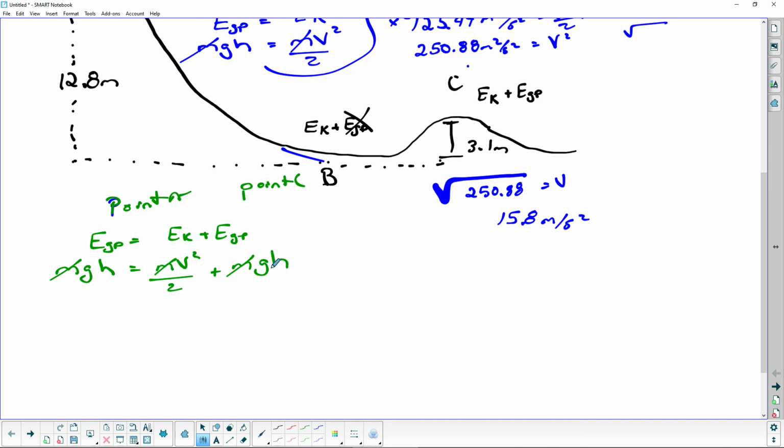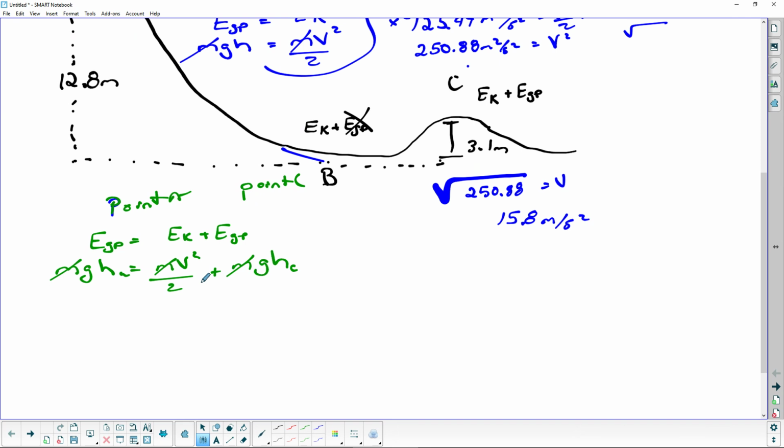We cannot do the same with the height because it's a different height. So I'm going to put height at point C there and height at point A so we don't get mixed up. Those are different heights. And we can't do the same thing with g either, because g is not involved in this expression here. So it's not a common factor. It's only a partial common factor for 2. So we can't factor it out when it's not in every expression.